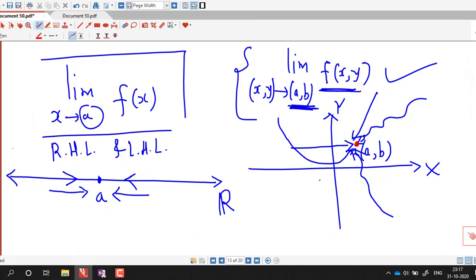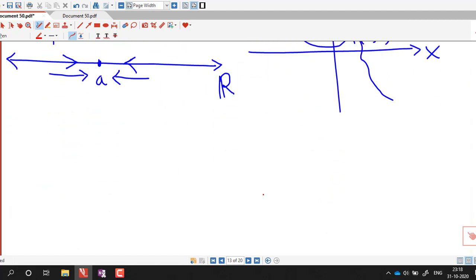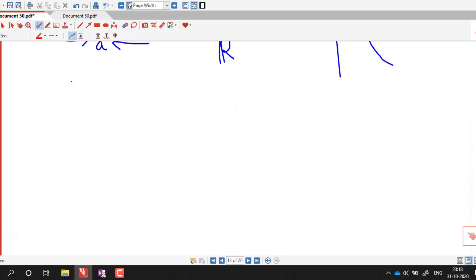So first we will discuss the examples in which we will show how to prove that the limit does not exist, and then we will discuss those types of problems in which the limit exists, and we will see how to show that the limit exists. So our concentration first is on the non-existence of a limit.